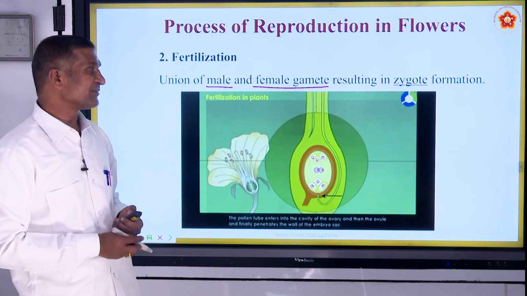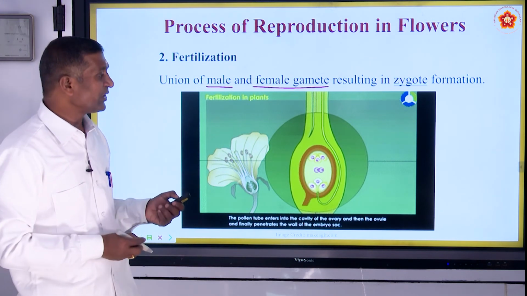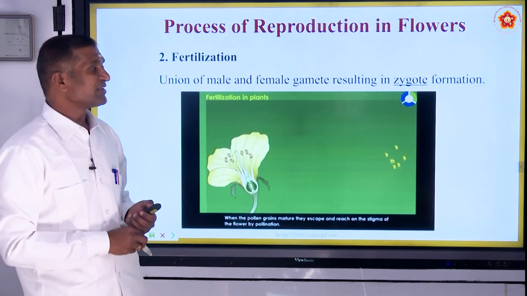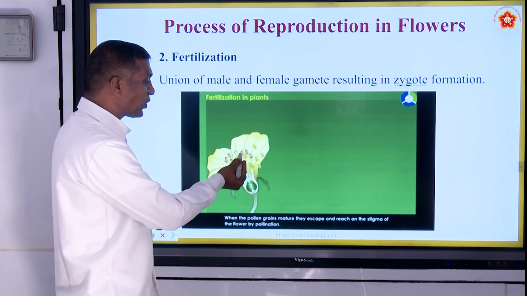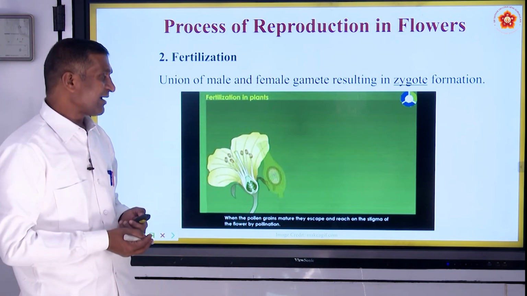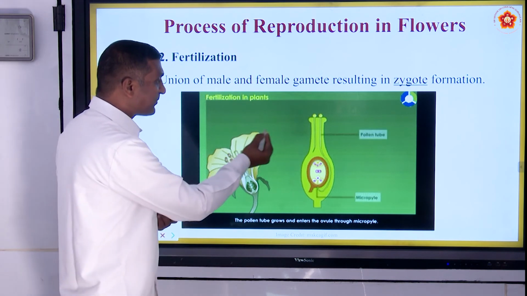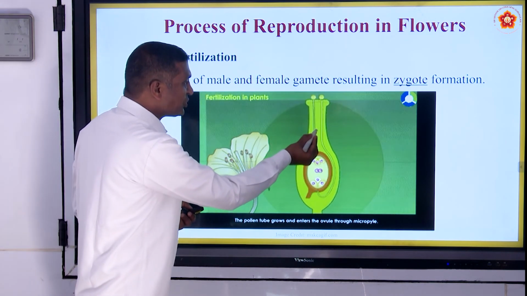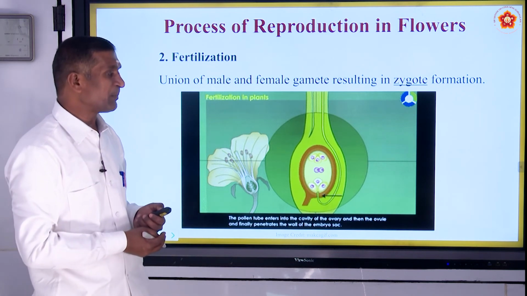You observe here the animated moving one where you can observe the insects coming and sitting on the anther, and then you can observe the pollen tube that is being grown. For what purpose?